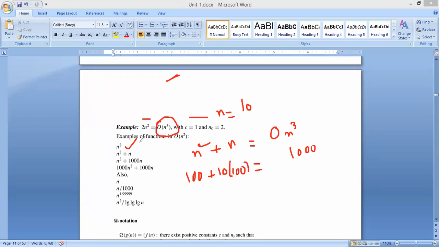Then we can say this function becomes more than this f of n. Only in that case we can say, if the value of n is 1, let's suppose we take the value 1 plus the constant becomes 1000.